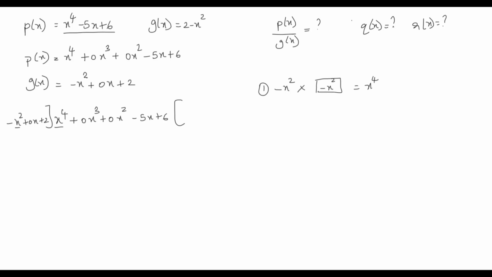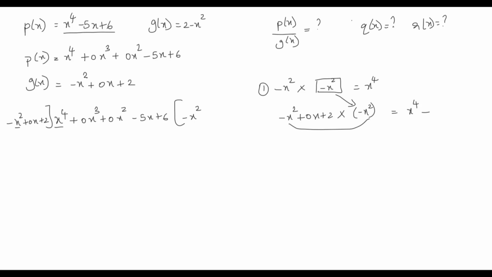Is it minus x square? Yes. So put minus x square here and take the whole g of x, that is minus x square plus 0x plus 2, and multiply it by this term, minus x square. Minus x square into minus x square gives us x power 4. Plus into minus is again minus.